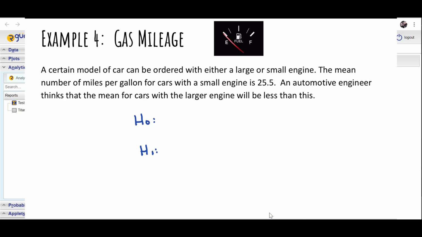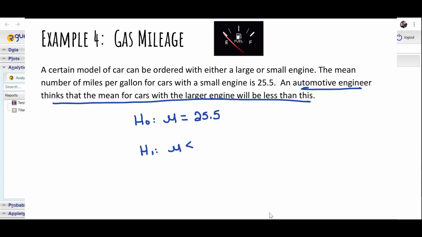So writing our statements, we're doing a mean again. The null is always equals. We're assuming that it's equal to 20.5 until we prove otherwise. And what does the automotive engineer want to see? If it's less than that for larger engines. So we would use the less than sign.